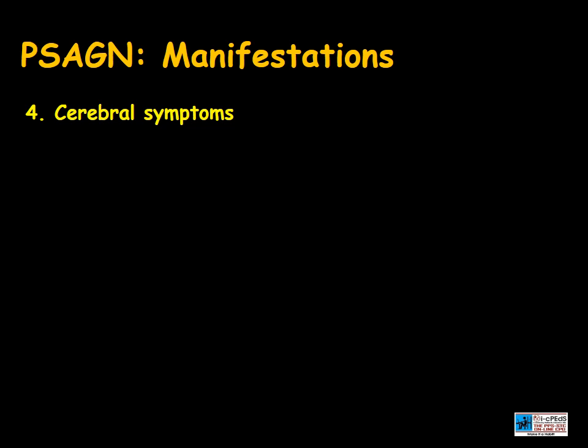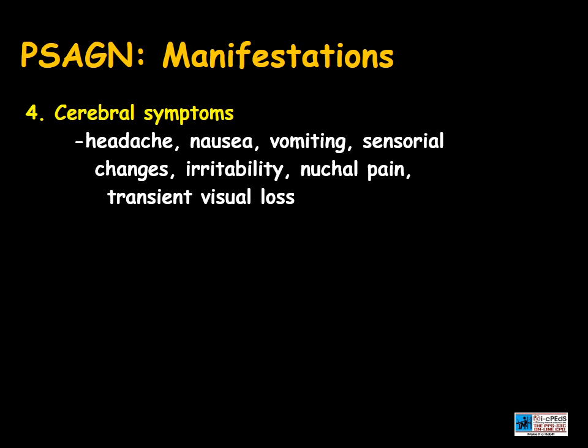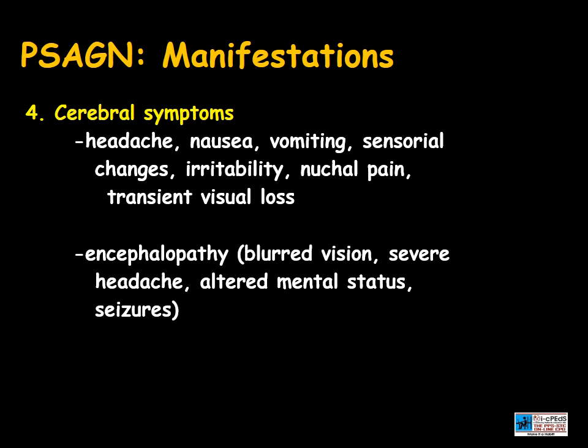Cerebral symptoms may be in the form of headache, nausea, vomiting, sensorial changes, irritability, nuchal pain, or even transient visual loss. This is usually related to increase in blood pressure.